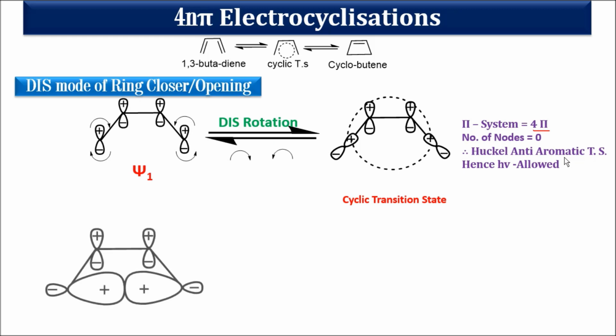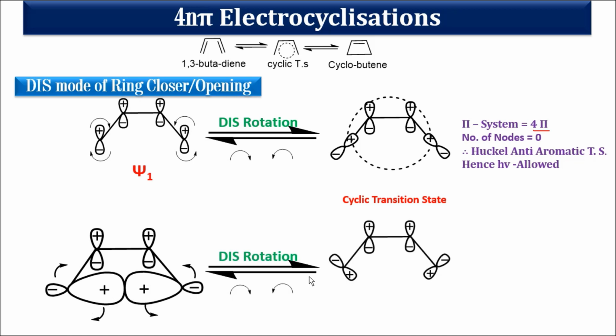Okay, now you see the ring opening reaction. This is the molecular orbital, which is the closed system. Now this orbital rotated clockwise, this is rotated anti-clockwise. You see both orbitals are rotated in opposite directions. Therefore in this mode of rotation, you rotate this orbital and this orbital slantly. You connect all top side lobes first. Before the cleavage, this plus is connected to plus, therefore connect these two also. Now you see the number of nodes, and the system is a 4n system.